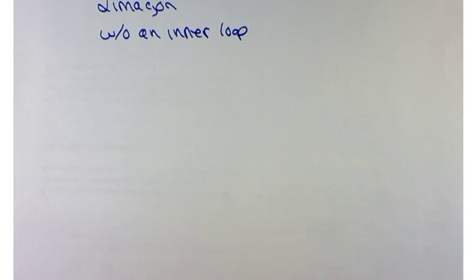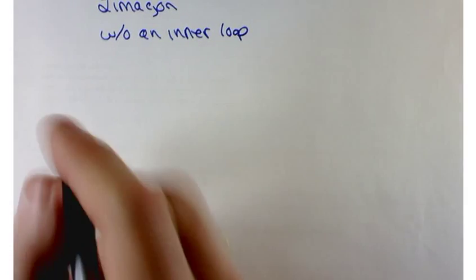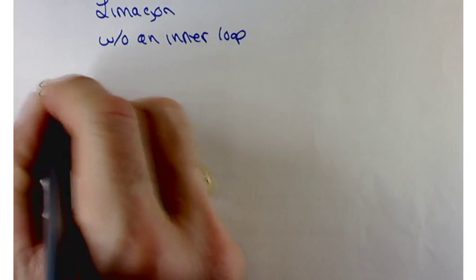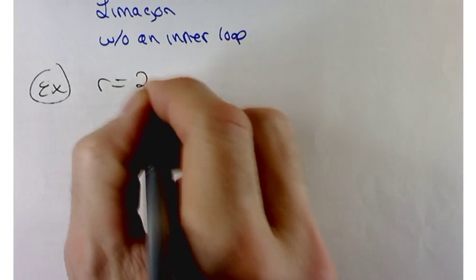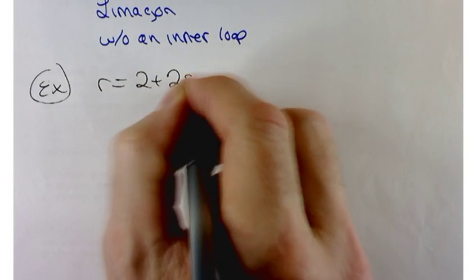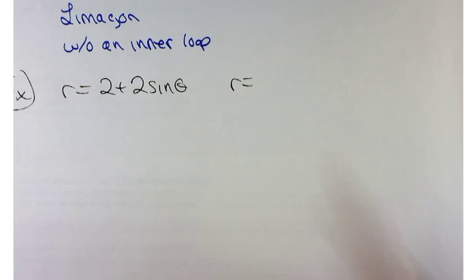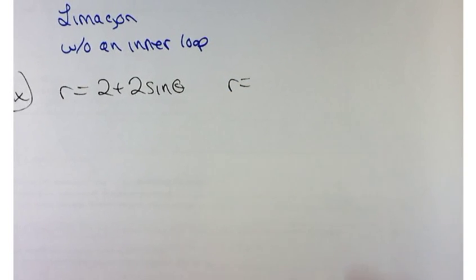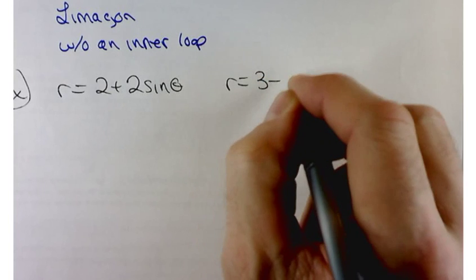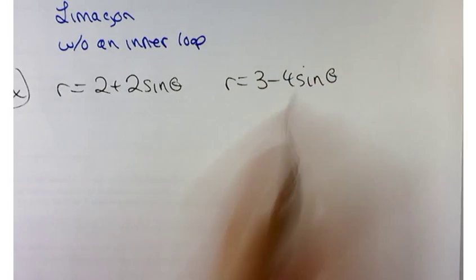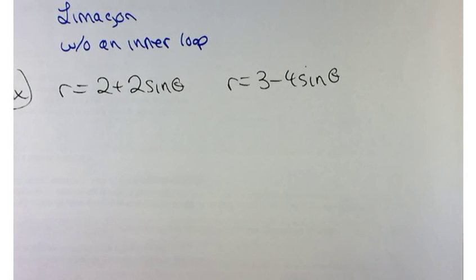Let's do a couple more. In fact, why don't you try and identify these next two? R equals 2 plus 2 sine of theta, and R equals 3 minus 4 sine of theta. Try and figure out what shapes these represent.